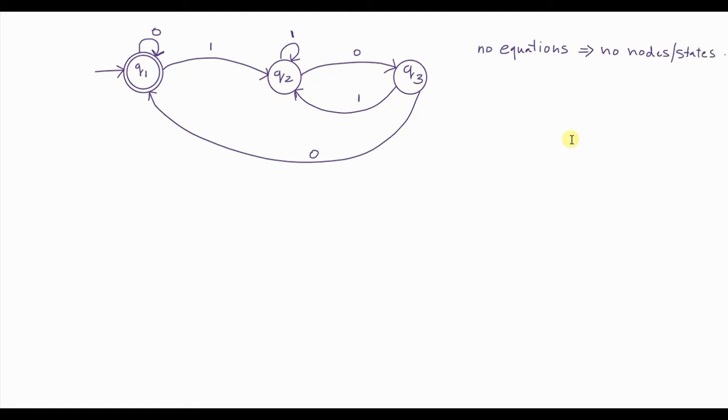Now in the current example, Q1, Q2 and Q3 are the only three states, so the number of equations will be 3.